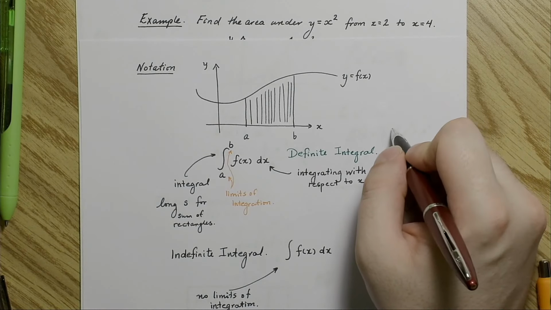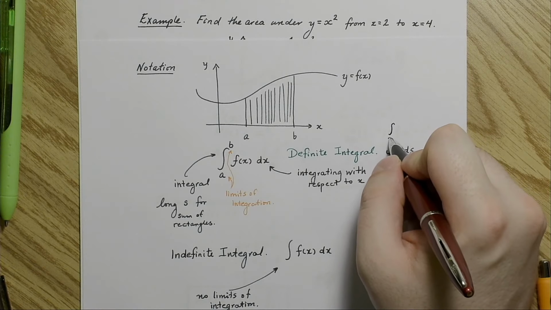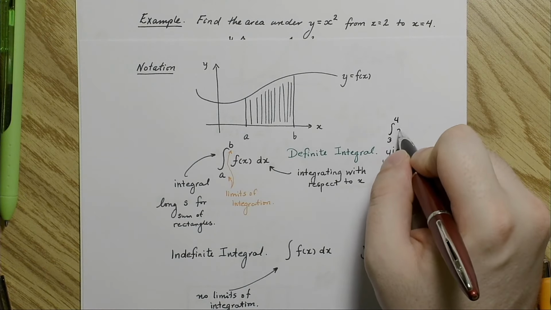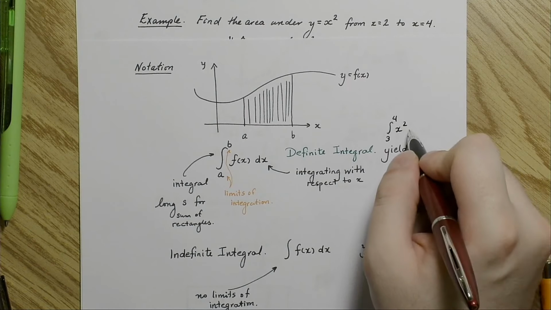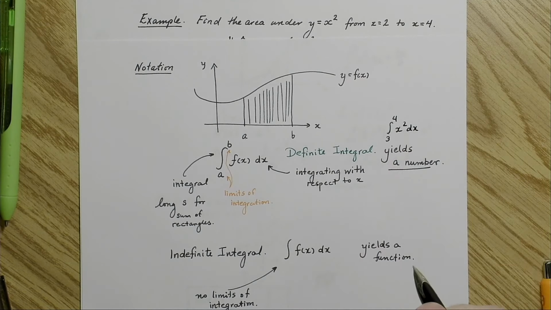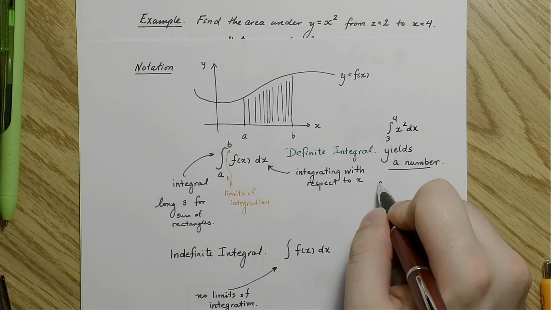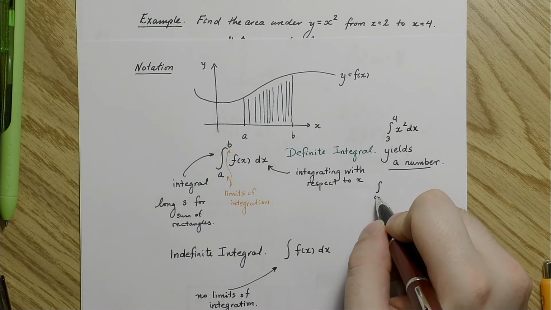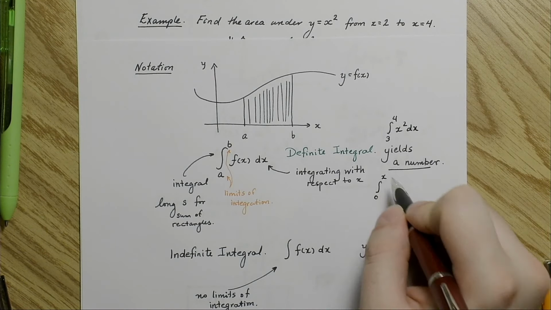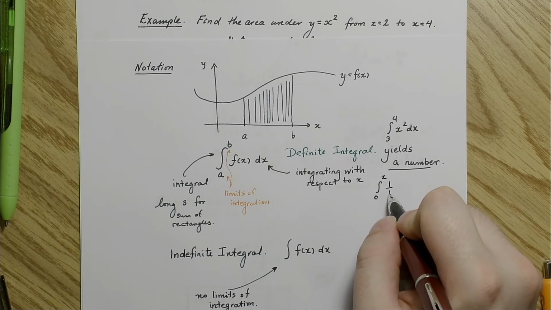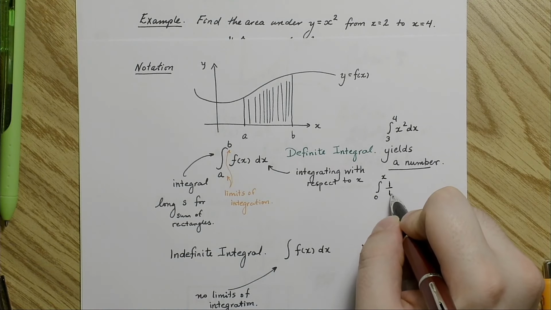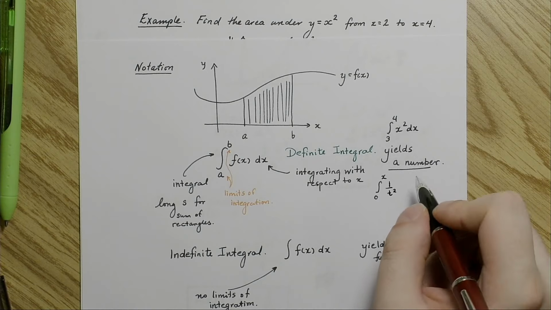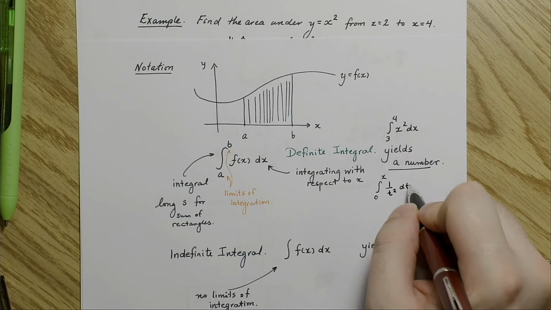So if you had something like the integral from 3 to 4 of x squared, this would definitely yield a number. But sometimes you'll have something like this, where it's from, say, 0 to x of 1 over, let's say, t squared dt.